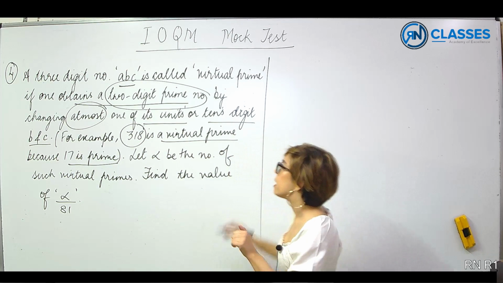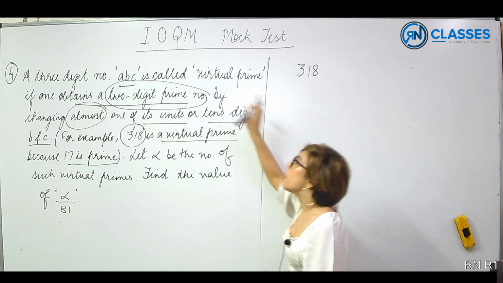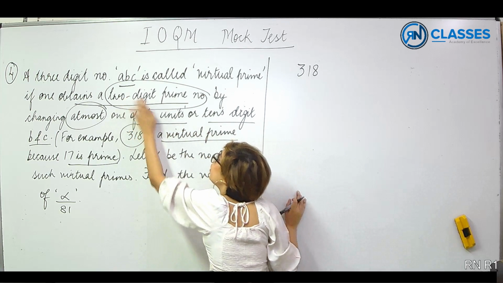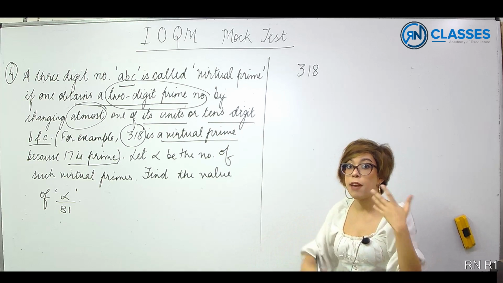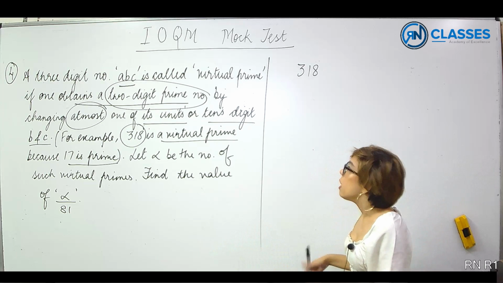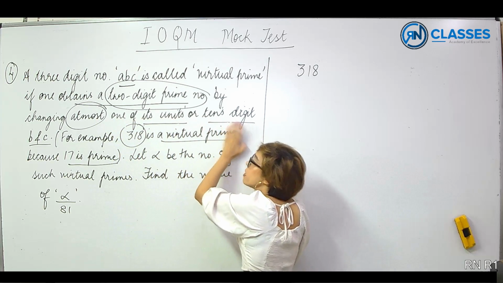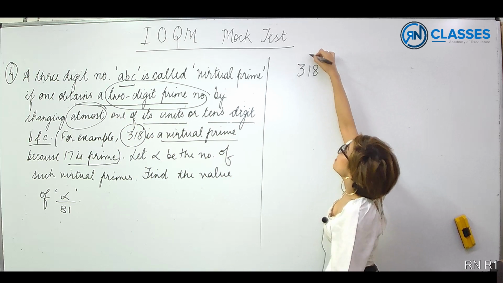Okay. Let me just analyze this. Now 318. Obviously this is a 3-digit number. Now he says it is a virtual prime. That means I can obtain a 2-digit prime number. So maybe I can have 11, maybe I can have 23, maybe I can have 73 and so on, by changing at most one of its units or 10th digits B and C. So, unit is 8, obviously 10's digit is 1.